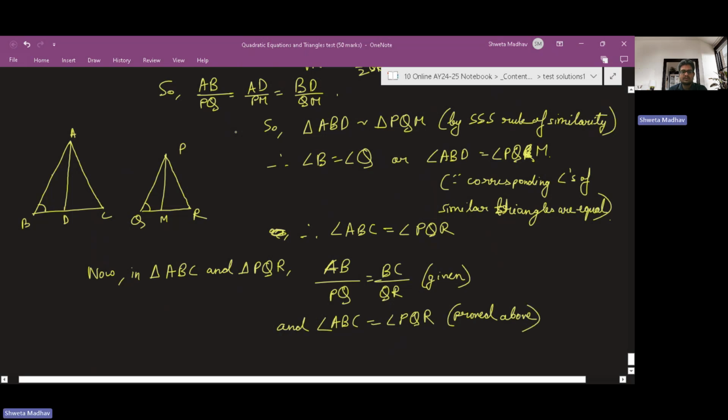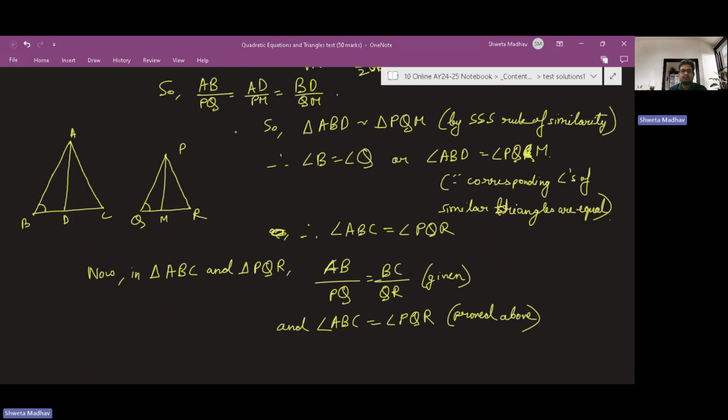So we have shown that two sides are proportional and the included angle in these two triangles is equal.